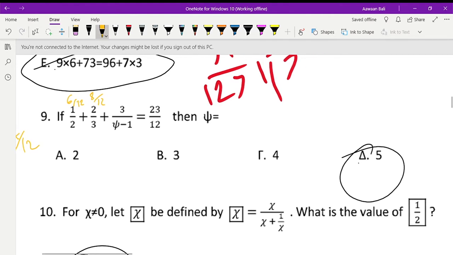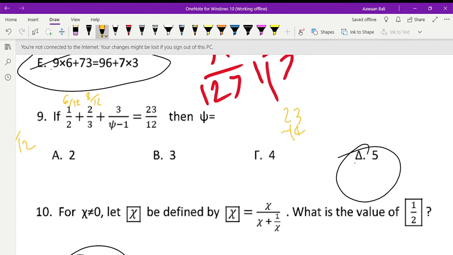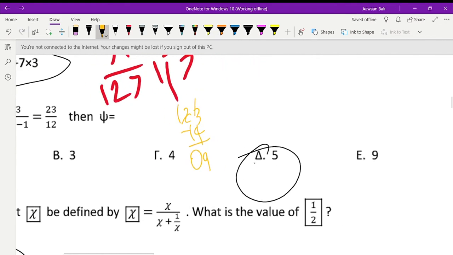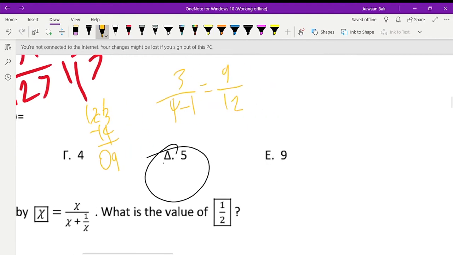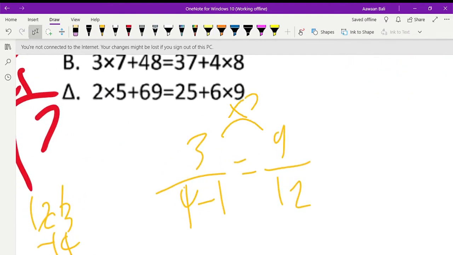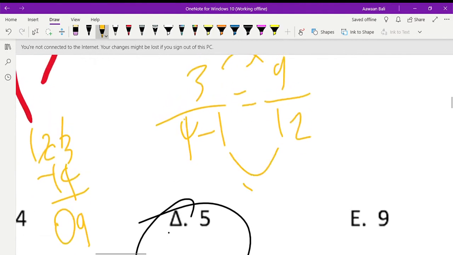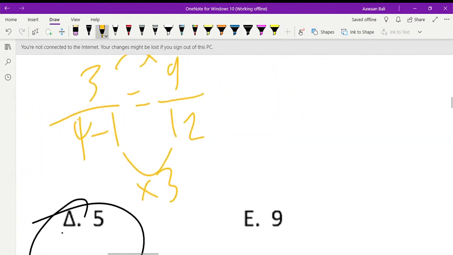So when you do 23 minus 14, you get 9. So therefore 3 divided by c minus 1 is equal to 9 upon 12. Now if you look at this, it is multiplied by 3, which means c minus 1 multiplied by 3 is 12.